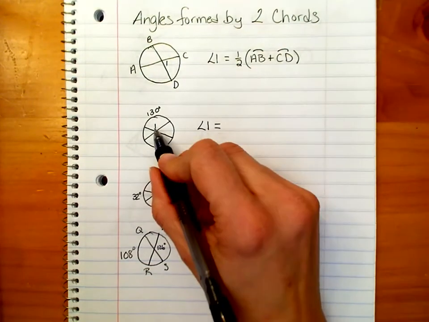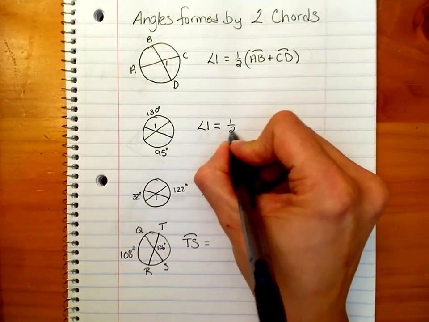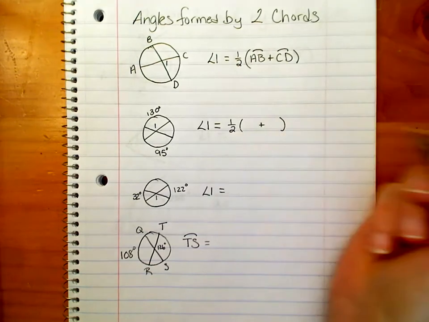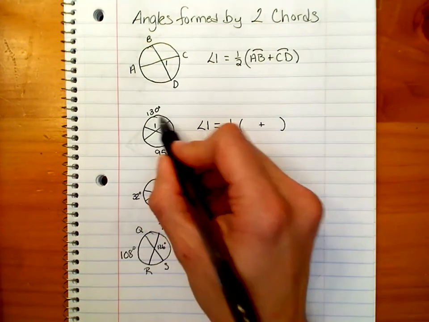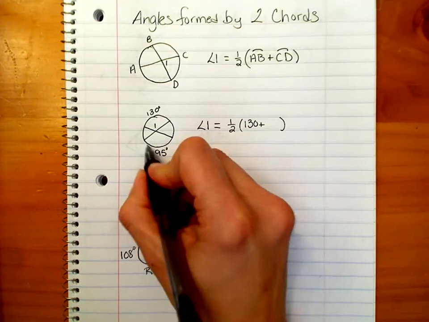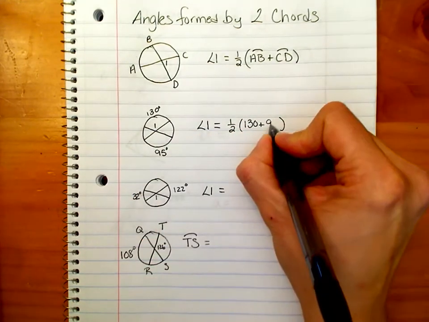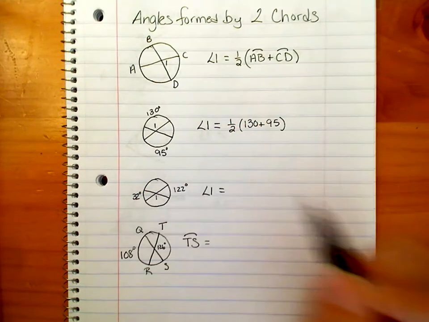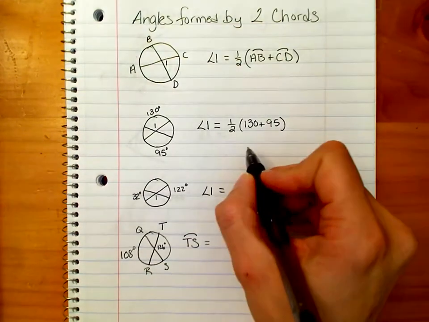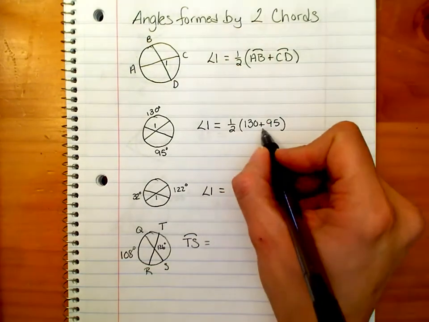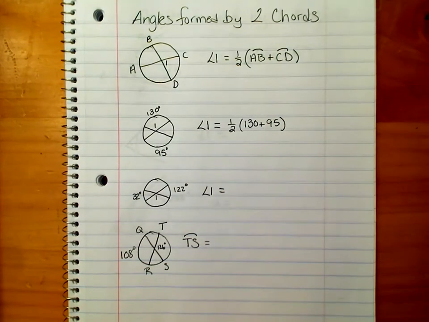My formula says that angle 1 is equal to 1/2 the two arcs added together. So now, since 130 and 95 are the arcs that are intercepted by the chords opposite angle 1, that's what I do. So what is 130 plus 95? Well, if you get your calculator out, you get 225.